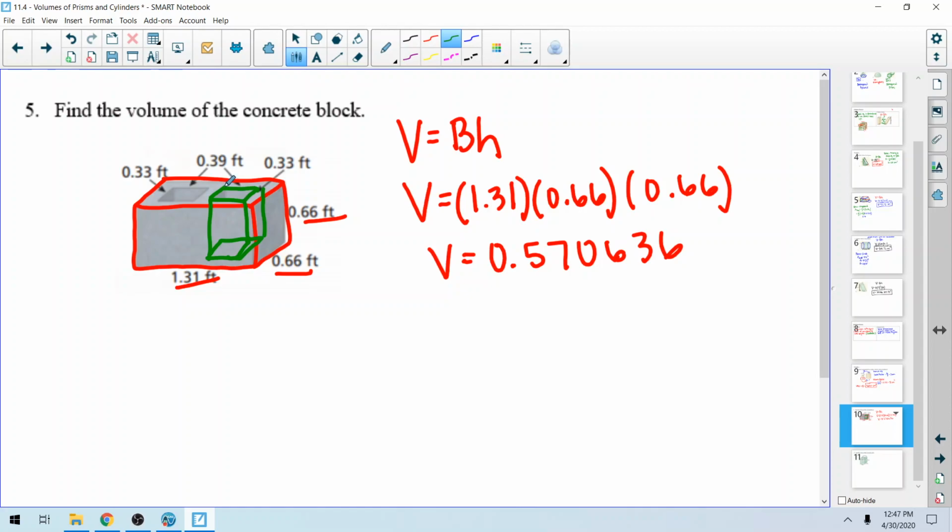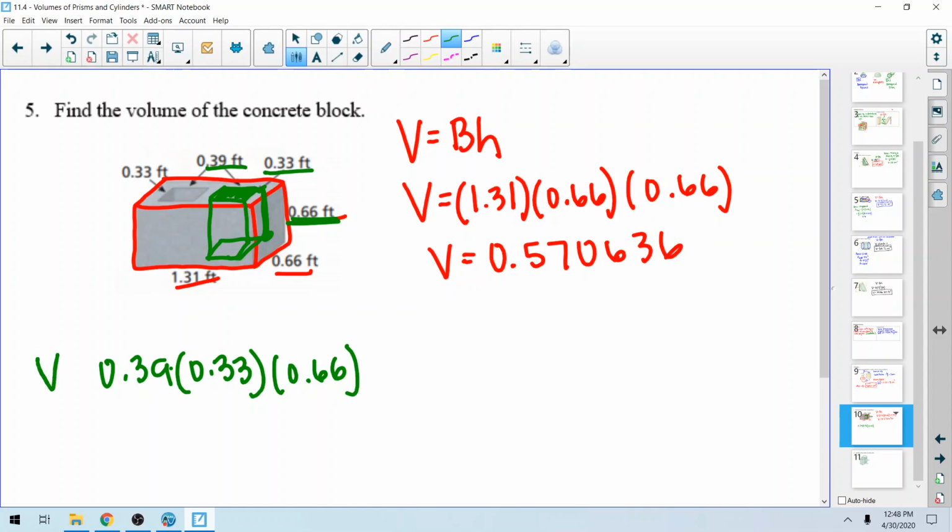So these guys, the area of their base is going to be 0.39 times 0.33. So 0.39 times 0.33. And then what's their height? Okay, assuming, based on the picture, that they go the whole way through the block, the height would be the same as the other one, so 0.66.